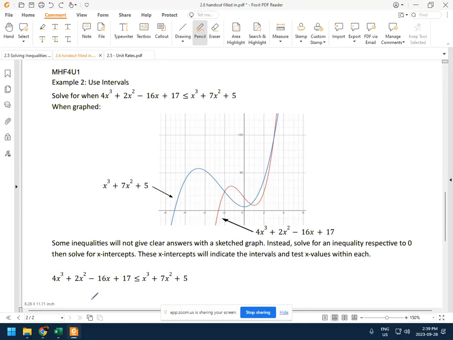As long as it's bigger than 2 and as long as it's lower than 3.